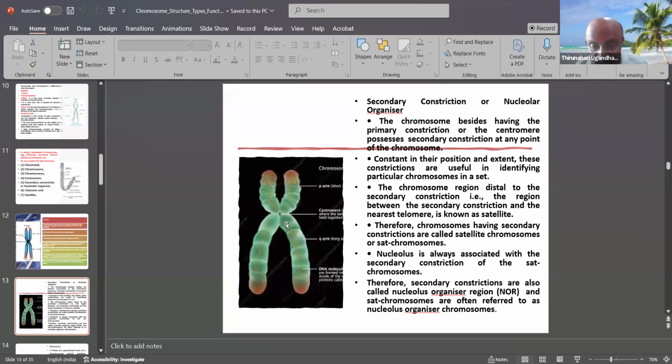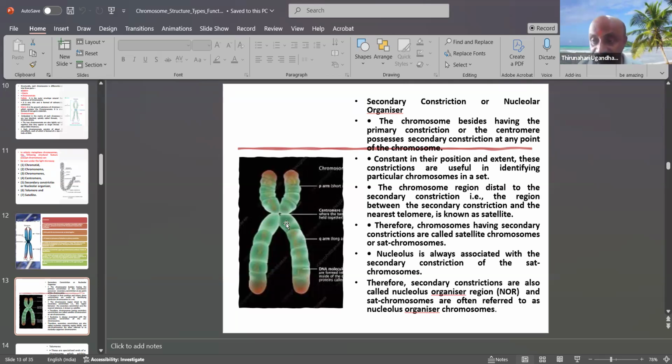Secondary constrictions are near the telomeres. The telomere is the terminal part of the chromosome, and the satellite is a special part of the chromosome. Therefore, chromosomes having secondary constrictions are called satellite chromosomes or SAT chromosomes.